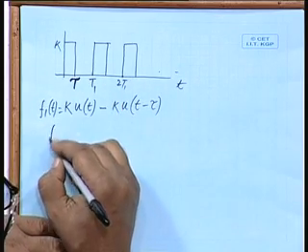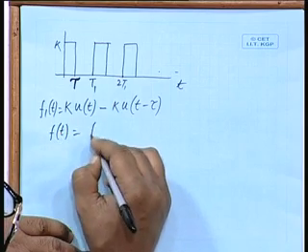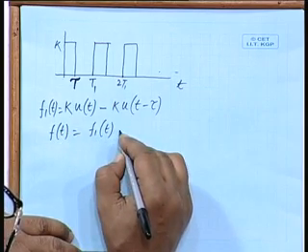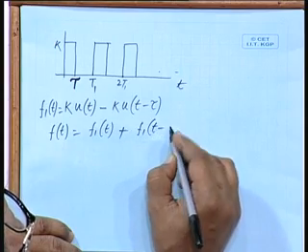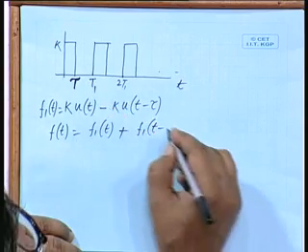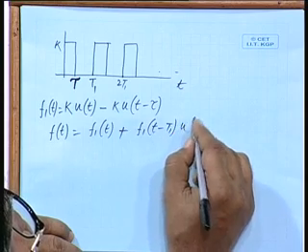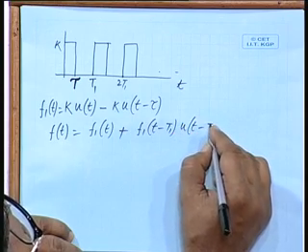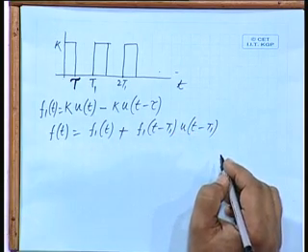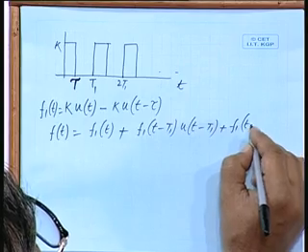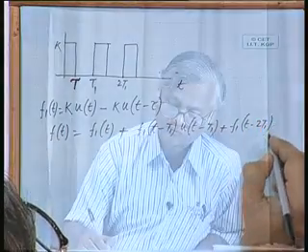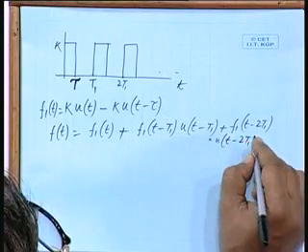So, f t can be written as f1 t plus f1 t minus t1 into u t minus t1, and so on, into u t minus twice t1 and so on.